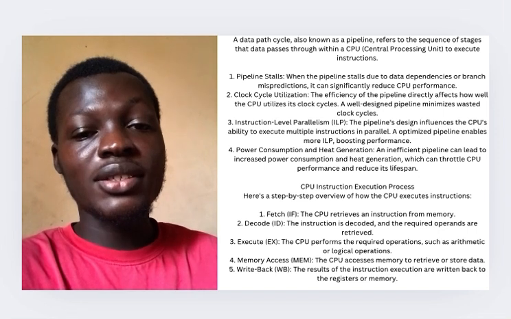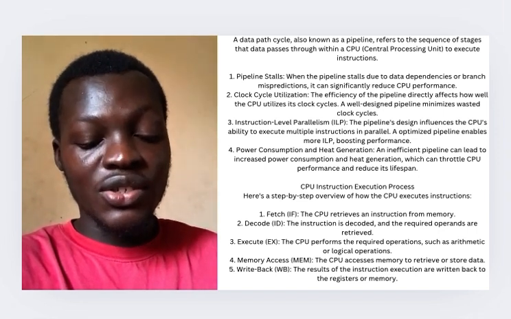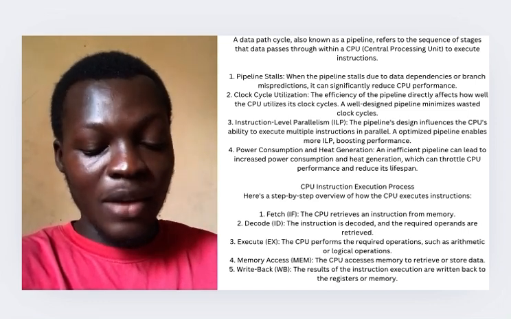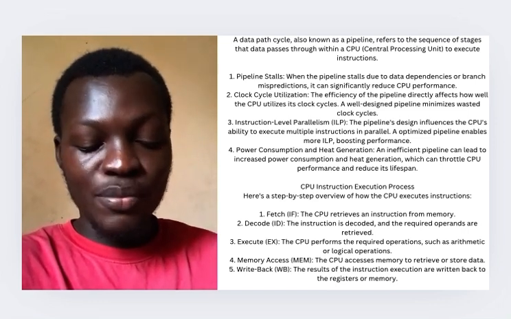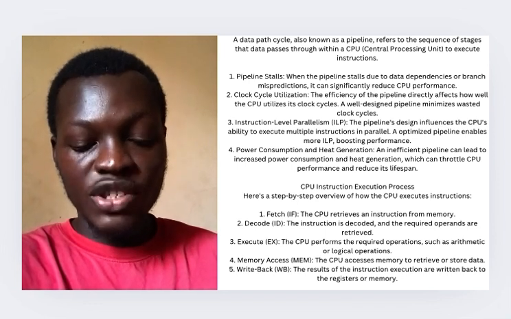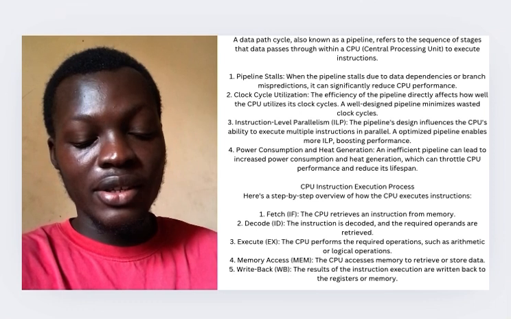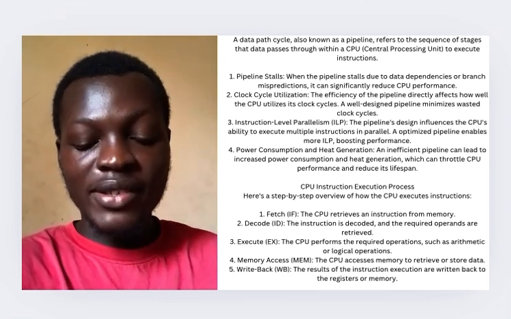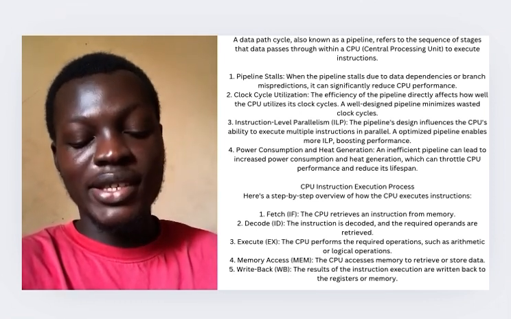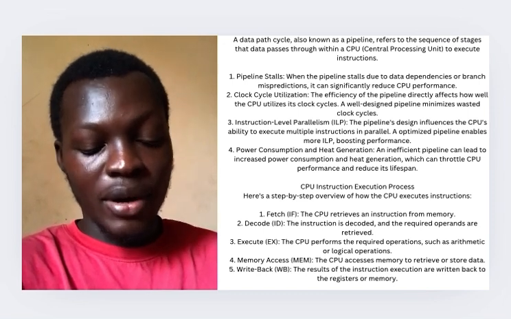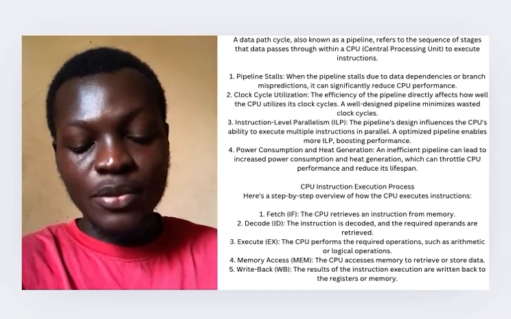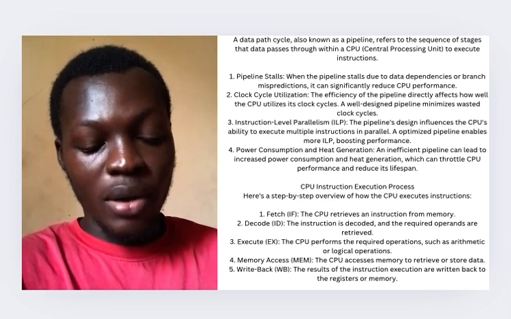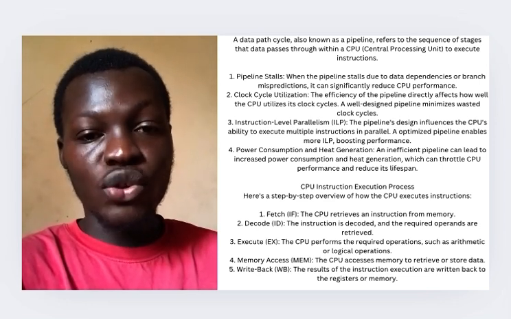And then we are looking at our third point, instruction level parallelism. The pipeline's design influences the CPU's ability to execute multiple instructions in parallel. An optimized pipeline enables more instruction level parallelism, boosting the performance.